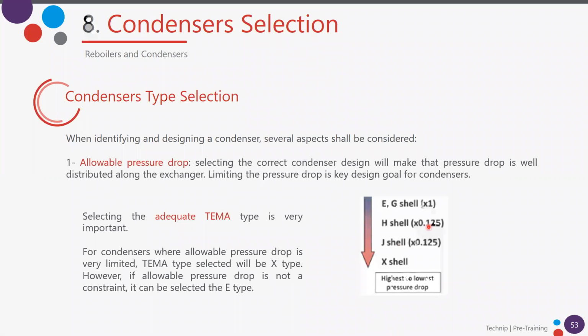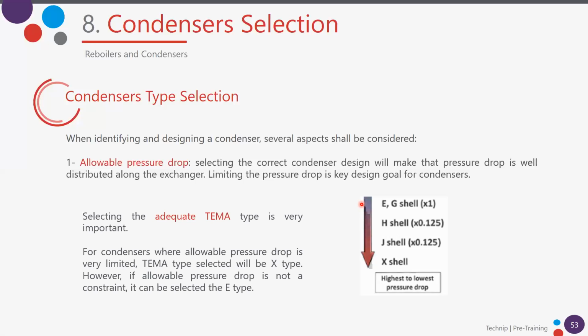Here on the right, we have divided the different shell types according to the pressure drop. So the E and G shells are the exchangers we will select when pressure drop is not a constraint.